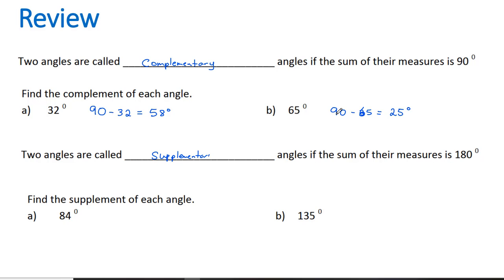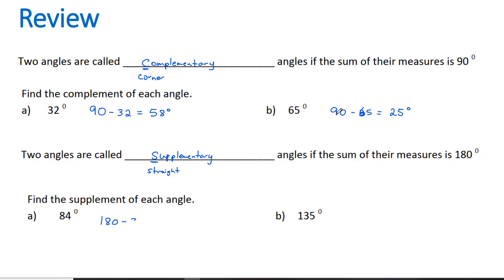And you can remember these 2 by the beginning letter: C means corner, or 90 degrees, and S means straight, or 180 degrees. So if you want to find the supplement of 84 degrees, you need to subtract from 180 degrees.